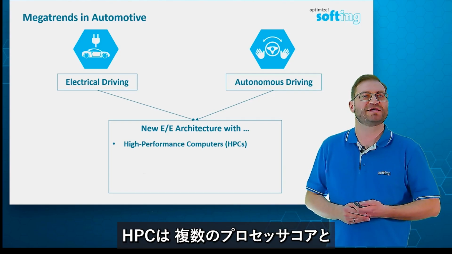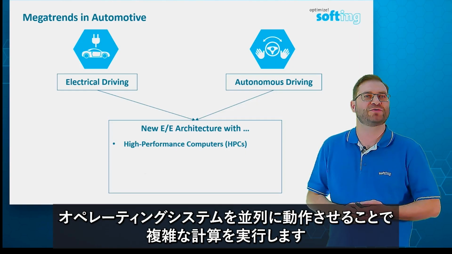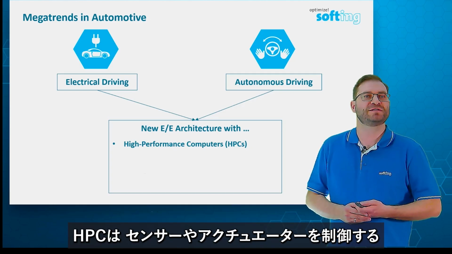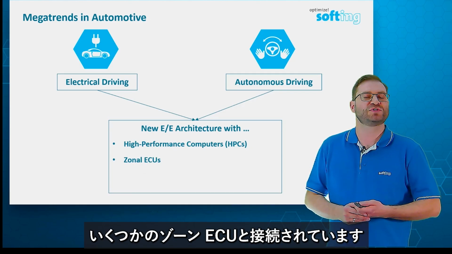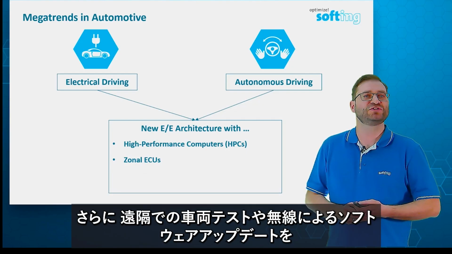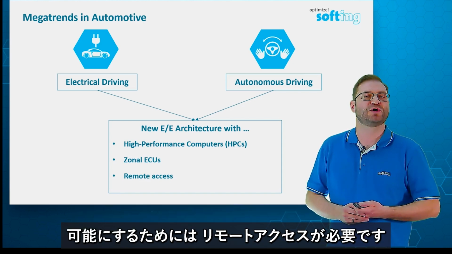An HPC has multiple processor cores and operating systems in parallel to perform complex calculations. An HPC is linked to a few zonal ECUs, which handle the sensors and actuators. Additionally, we need remote access in order to enable remote vehicle tests or software over-the-air updates.